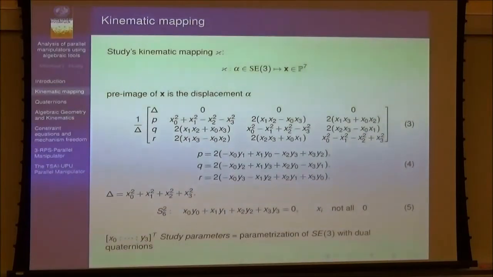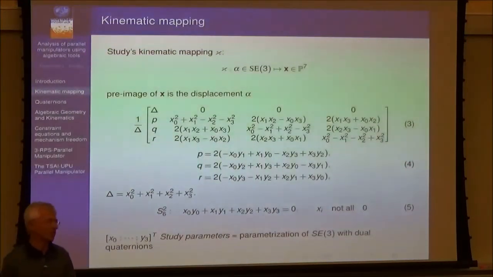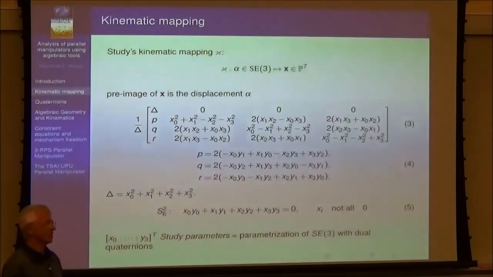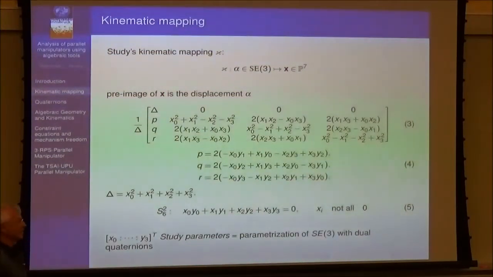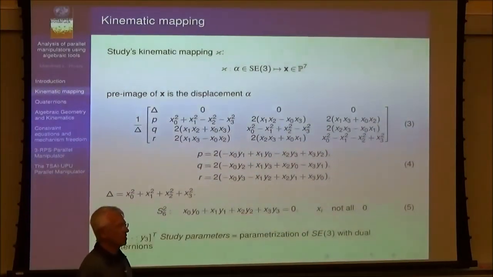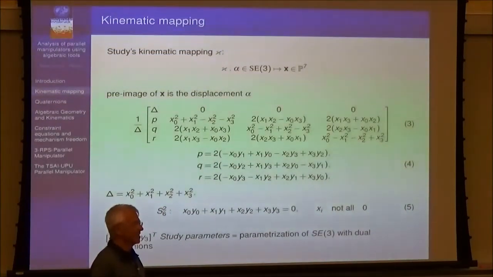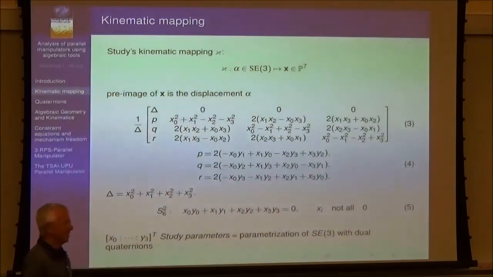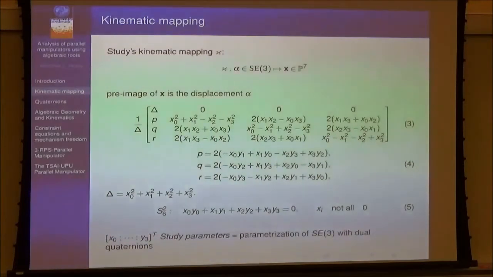Study was a German mathematician, geometrician, very strange guy. Whenever I read a citation of his very famous book, Geometrie der Dynamen, which could be translated as geometry of screws, I have to laugh, because the book is almost unreadable for somebody who understands German. So I know how difficult this must be for somebody who doesn't really understand German to read this book.